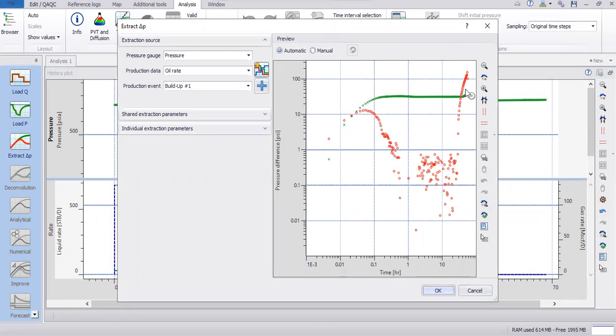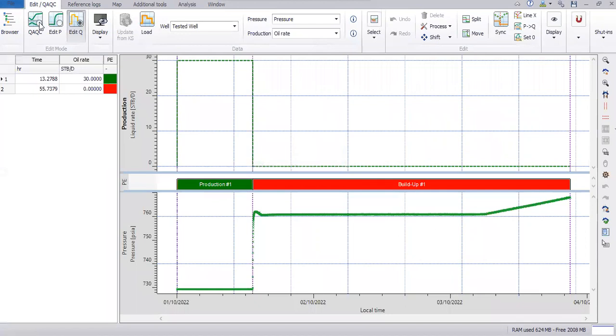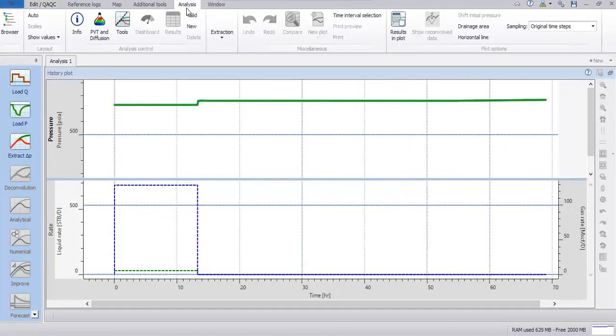Okay. Yeah, we can disregard this because I think it's not representing the reservoir. Actually, we can remove that part. Oh, sorry, I clicked on this auto. Yeah, we can remove this one because it's misleading.